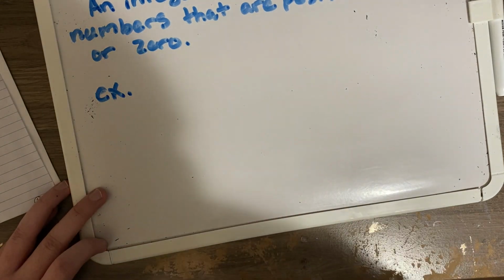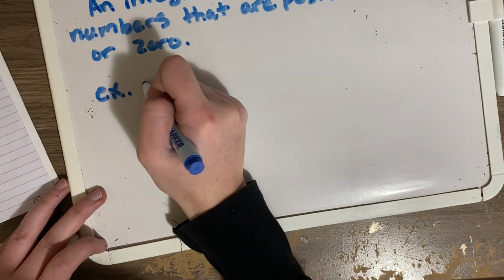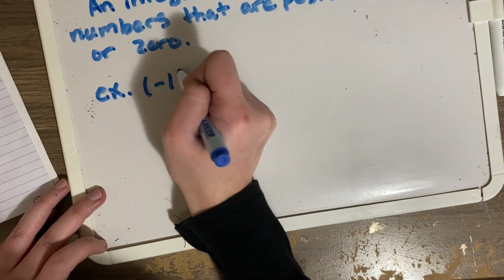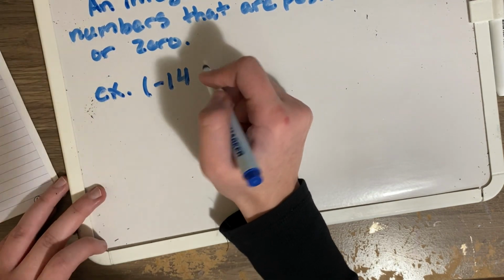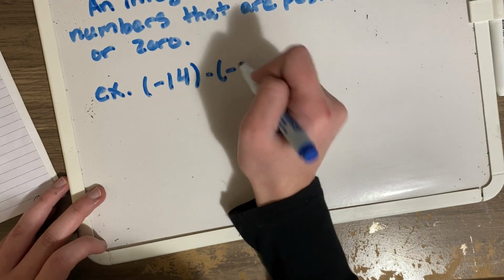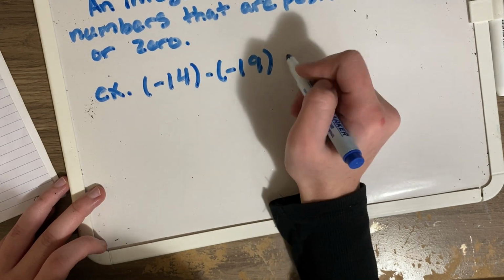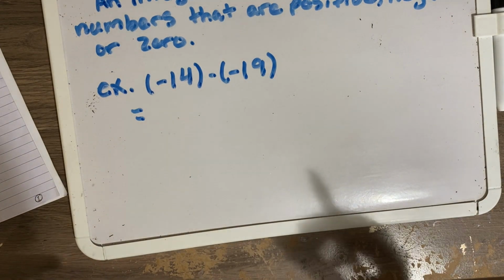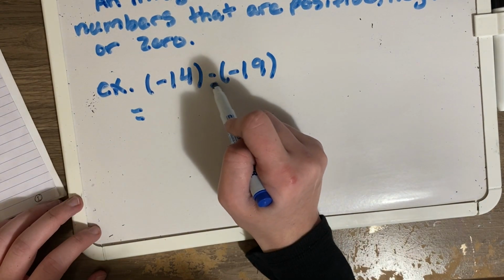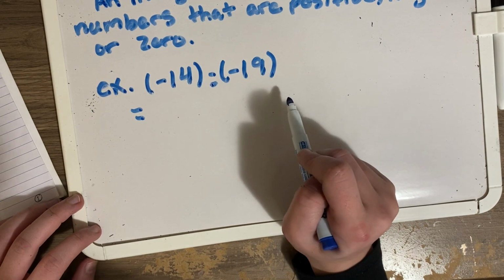Another example could be negative 14 minus negative 19. Here we have to put into effect something called the distributive property. The distributive property is when we multiply whatever's outside the bracket to everything inside the bracket.